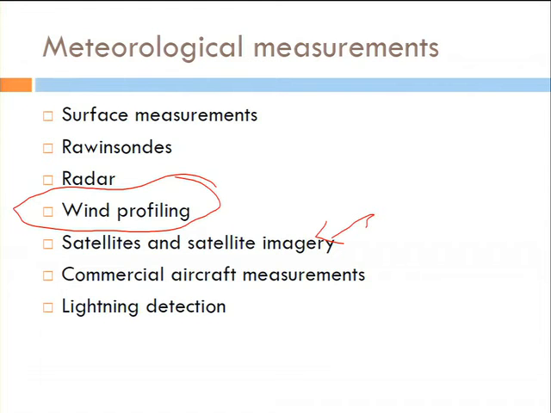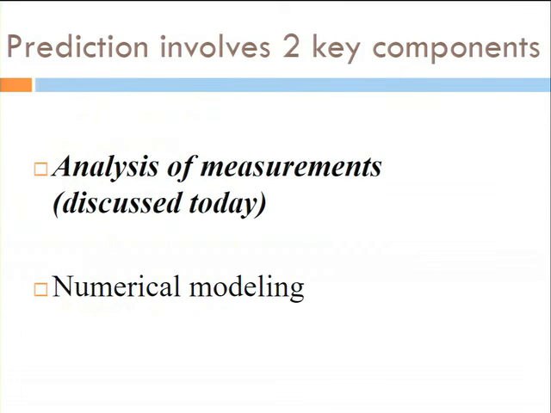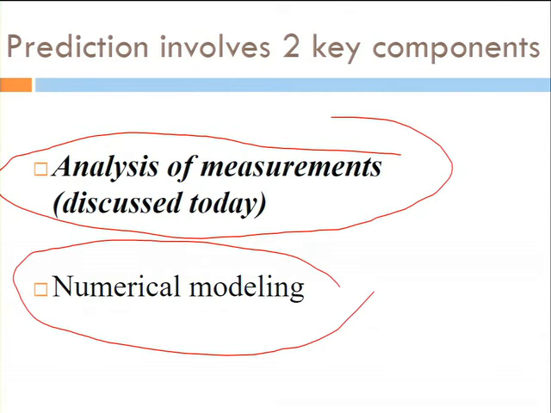So we can tell where that's happening and how strong that lightning is. So we'll discuss the analysis of measurements today, and then we'll discuss how we actually turn that into a weather forecast in a future class.